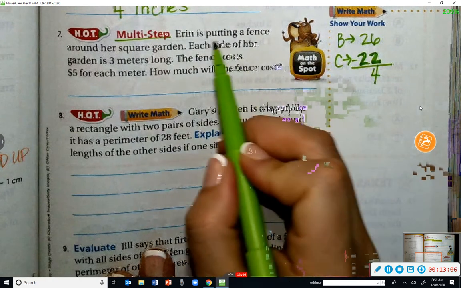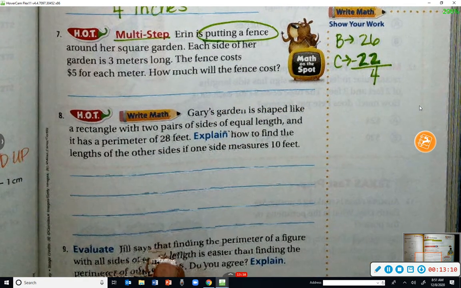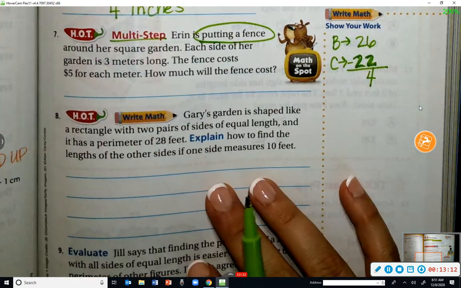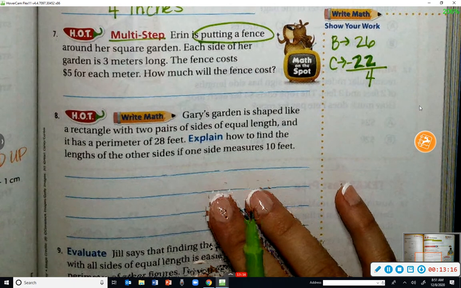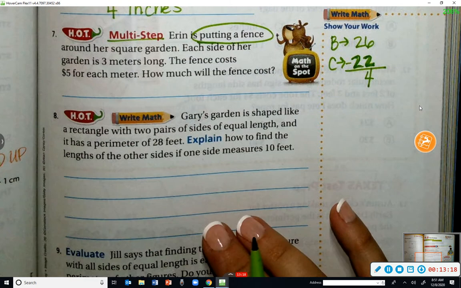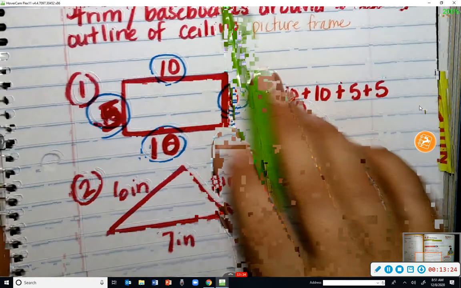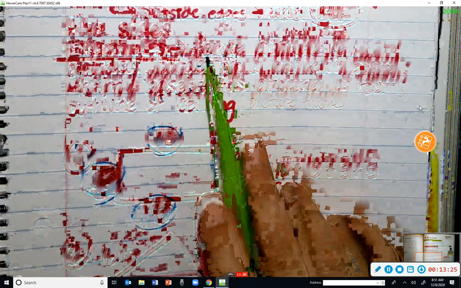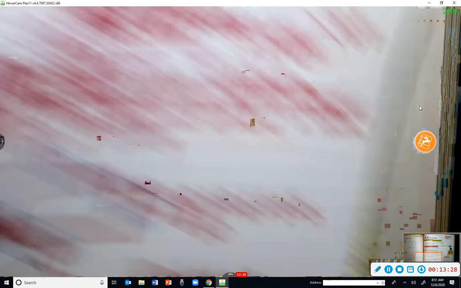We just practiced this in our journal. What does putting a fence around a garden mean you're trying to find? The perimeter. Remember we wrote it. That was the first one we put on the examples. Fence around a garden means you're finding perimeter, okay?